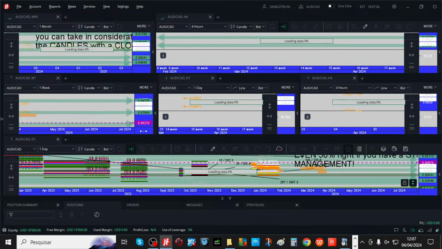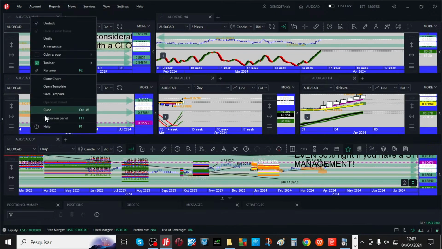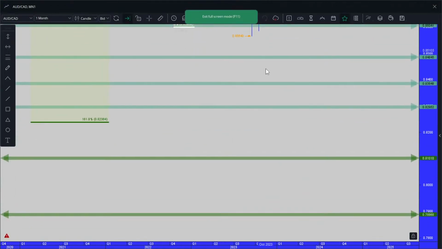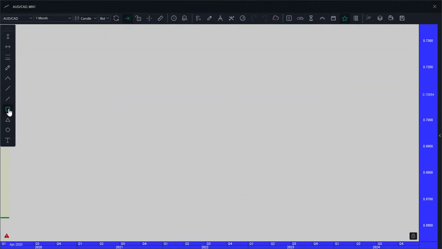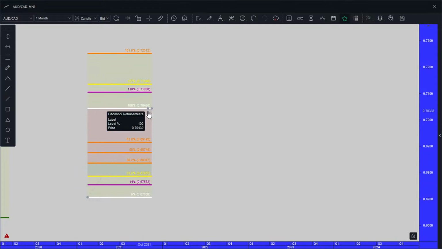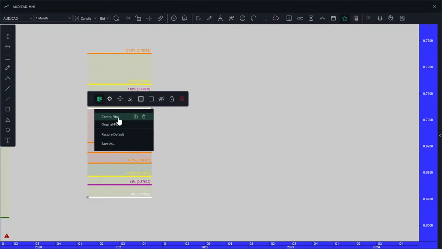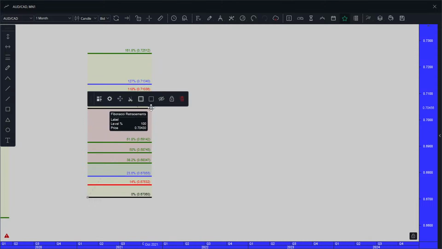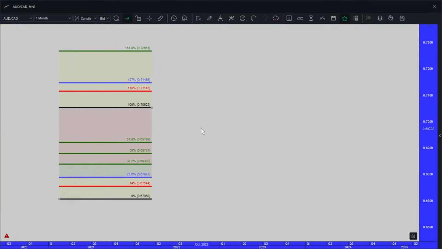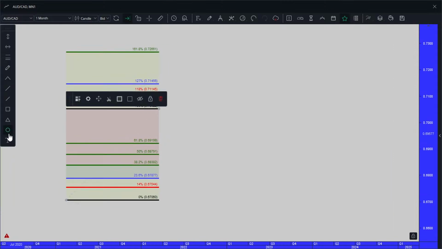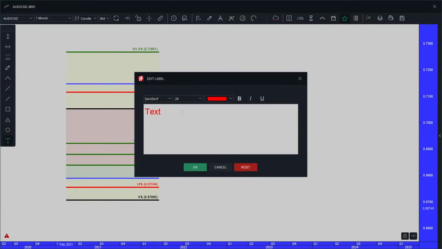Alright, and AD CAD monthly chart. Alright, there you go. Finally. So no, this one, original contract. Alright, so you have the original Fibonacci, everybody, pointing up.